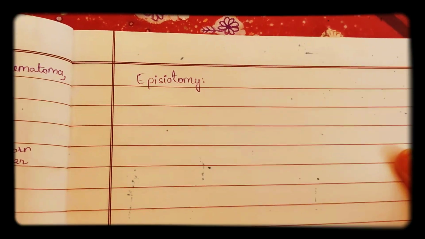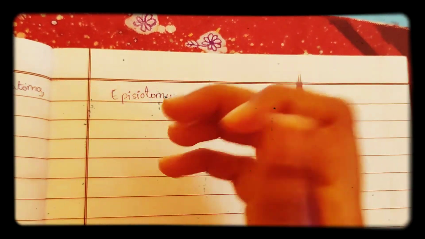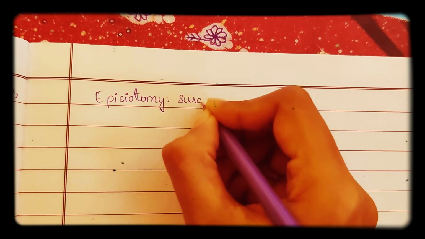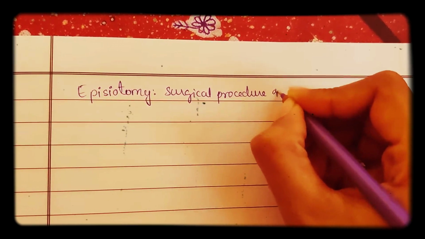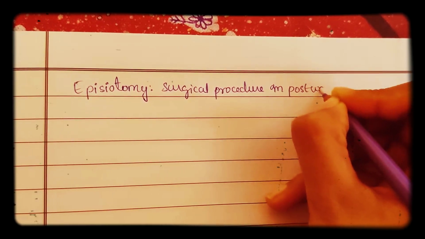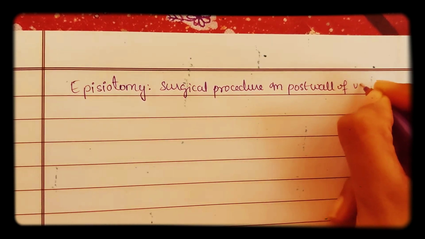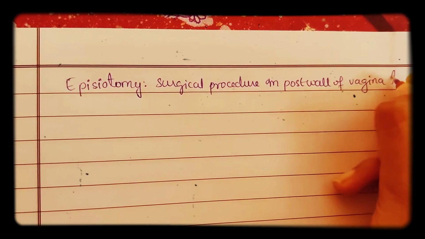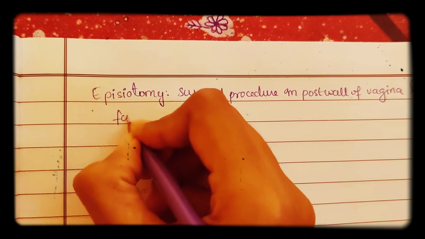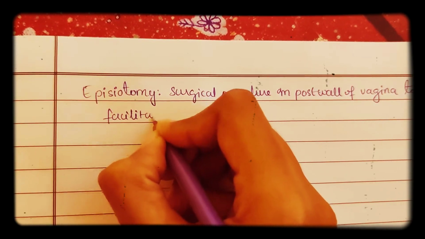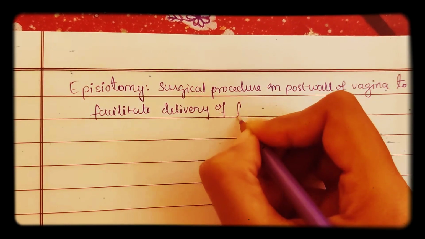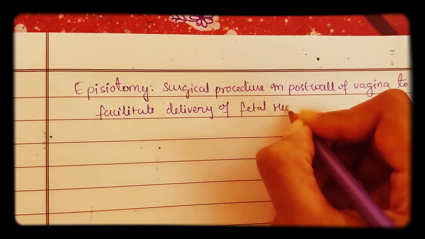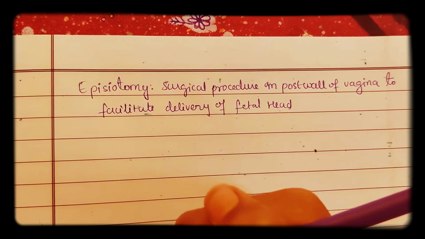The definition: it is a surgically planned incision which is given on the posterior wall of the vagina, to facilitate delivery of the fetal head. So mainly it is to facilitate the delivery of the fetal head. We will do an incision on the posterior wall of the vagina.